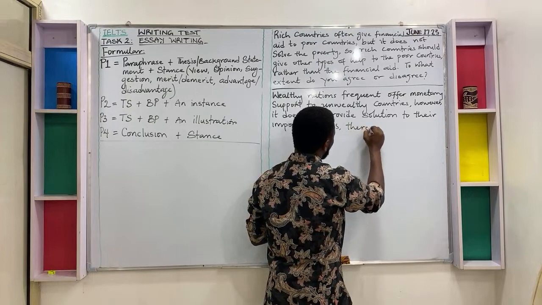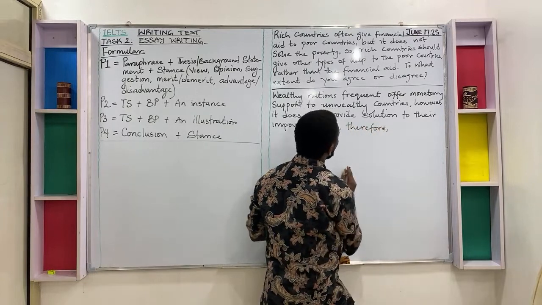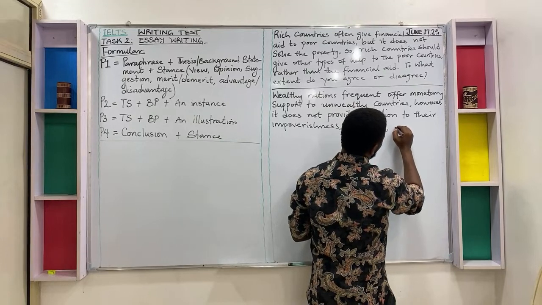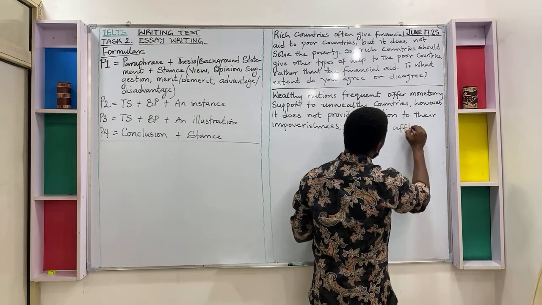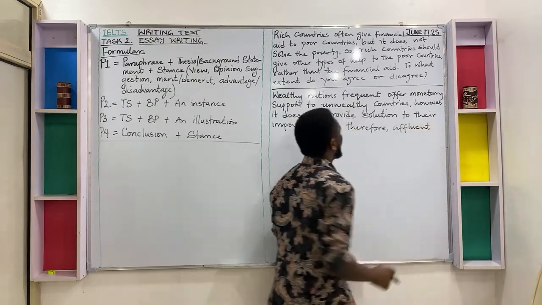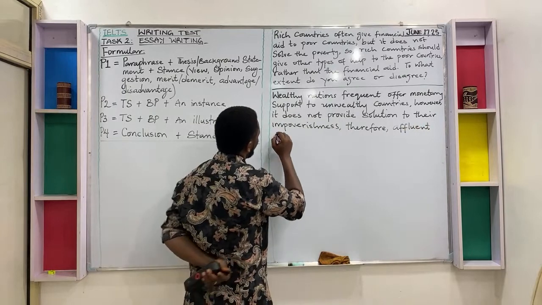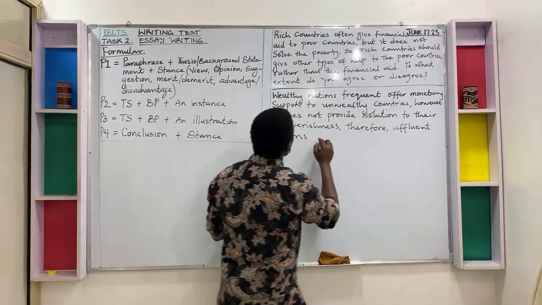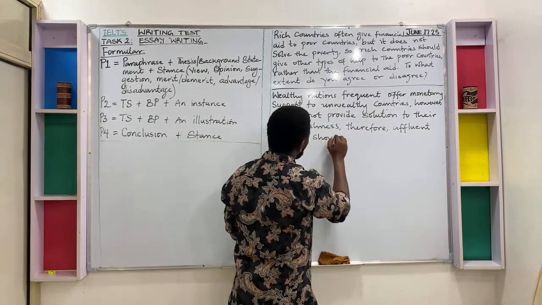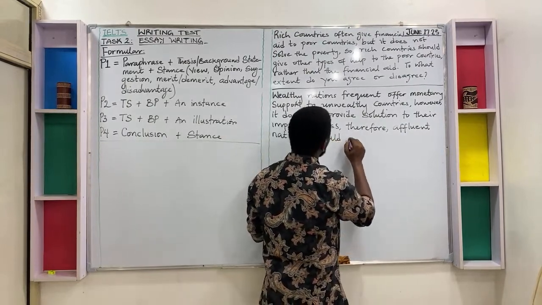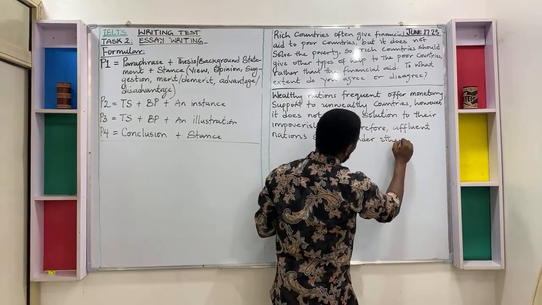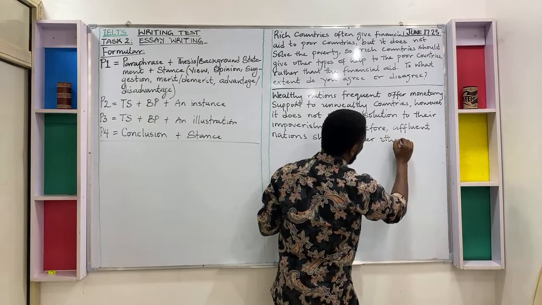Therefore, comma, affluent nations should render other what?